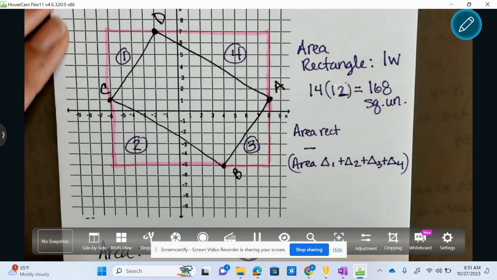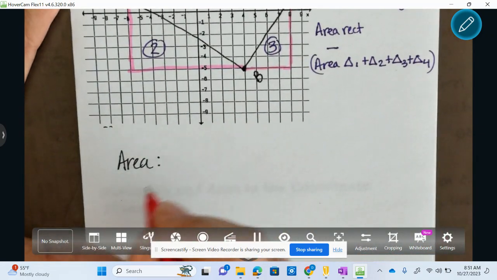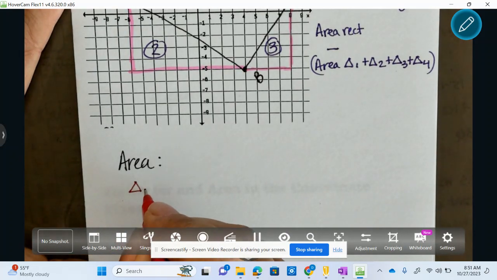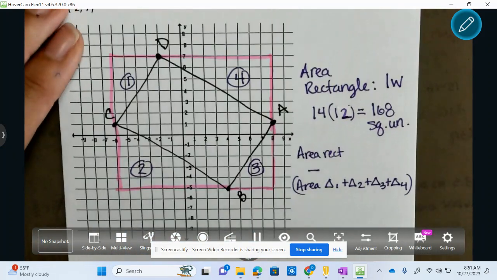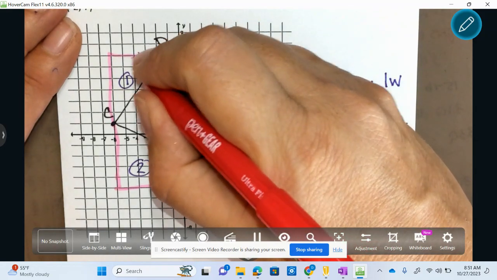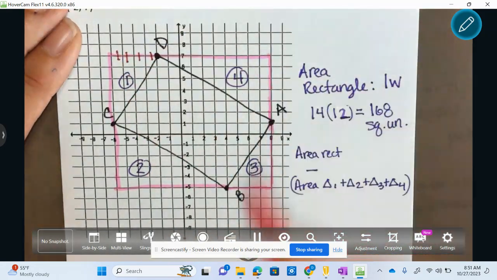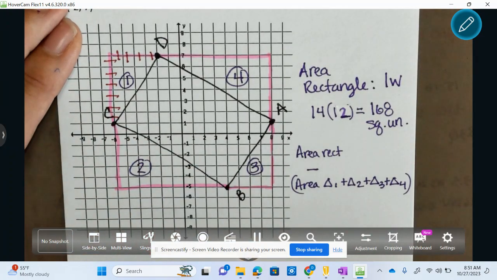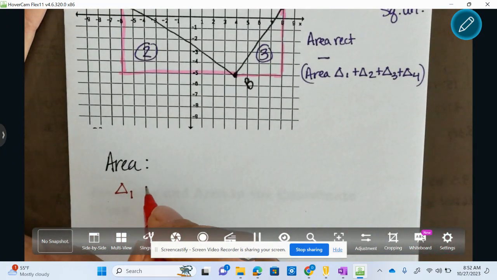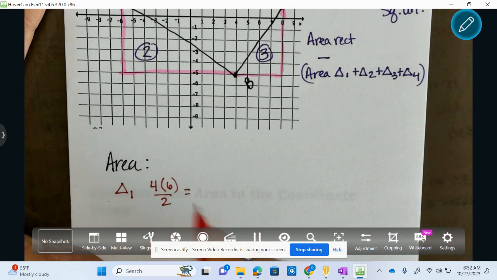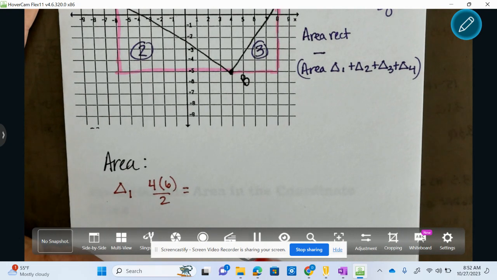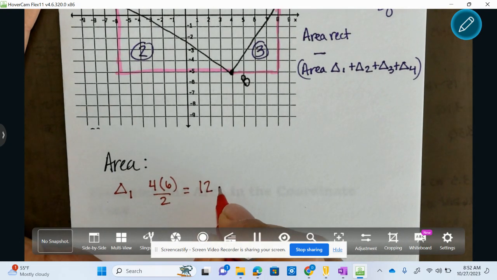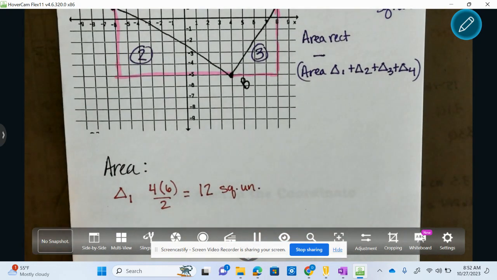So area of triangle number 1. Triangle 1 has a base of 1, 2, 3, 4, and a height of 1, 2, 3, 4, 5, 6. So 4 times 6 divided by 2. Well, 24 divided by 2 is 12 square units. That's triangle 1.